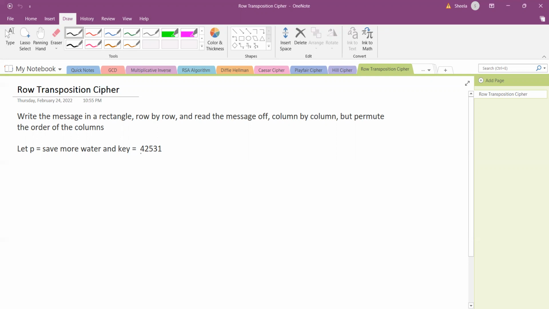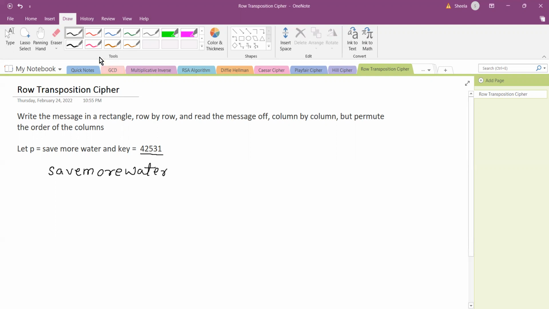In this particular key, we can observe that there are five columns, that is 4, 3, 4, 2, 5, 3, 1, like this. So the length of each row will be 5. Now I'm going to write the message: save more water.